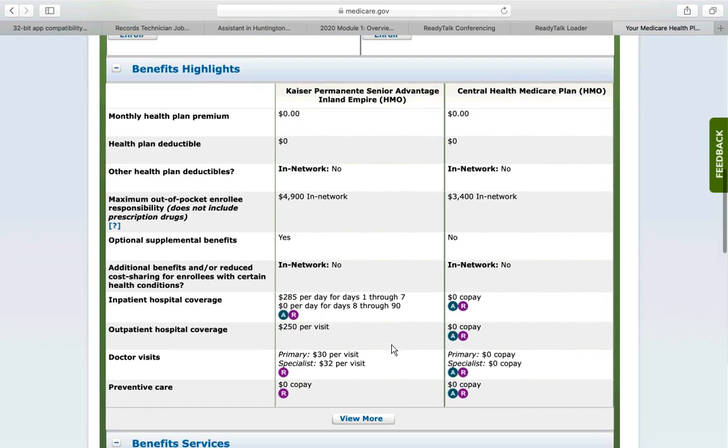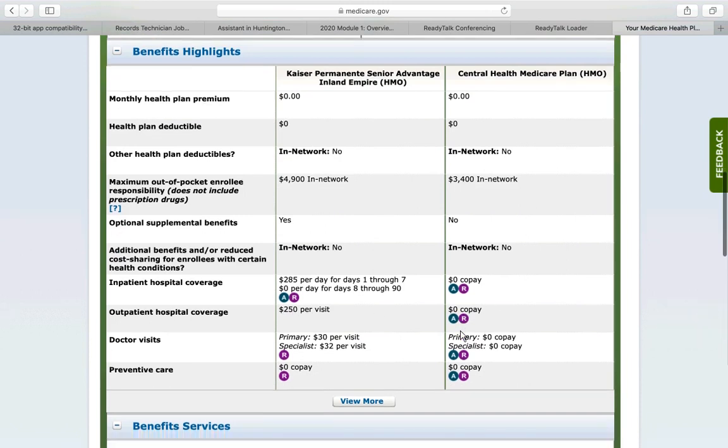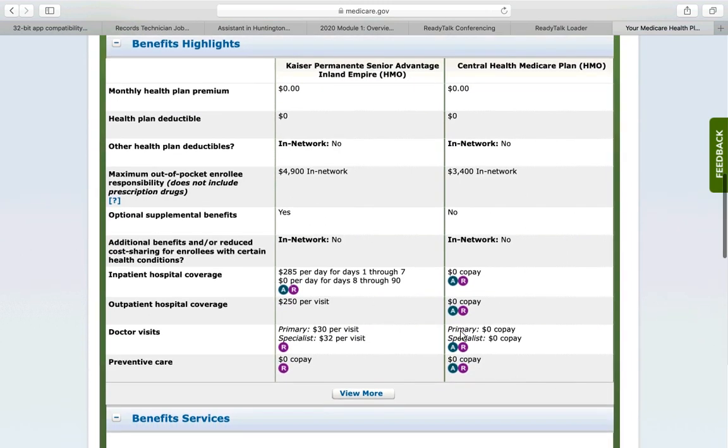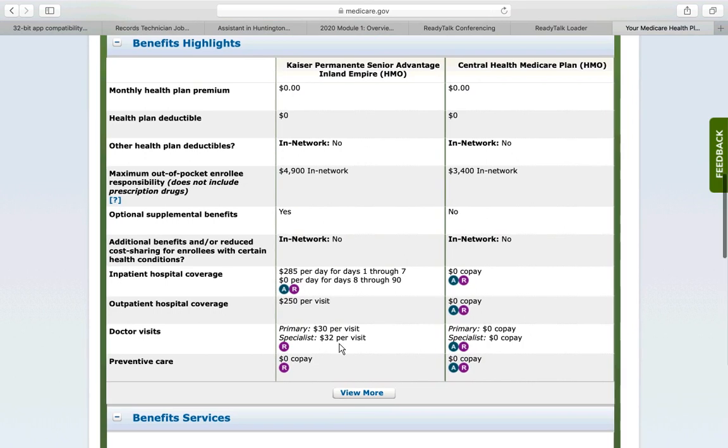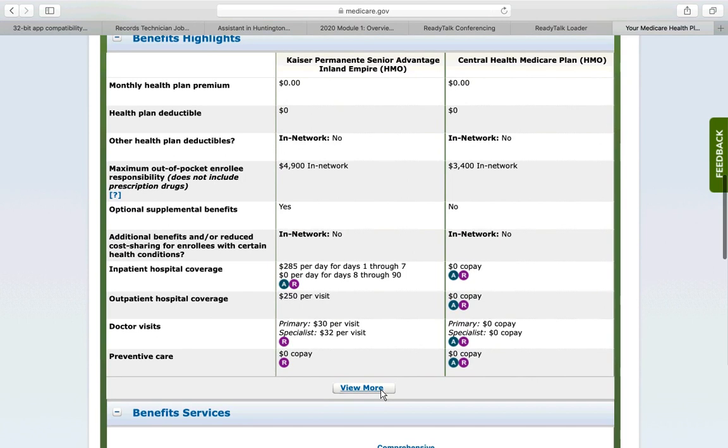Outpatient surgery, Kaiser's going to be $250 per visit. With Central Health Plan, there's no copay. Doctor visits, Kaiser's going to be $30 per primary, $32 for specialist. Central Health Plan, zero copay, primary or specialist. But at this point, they're already going to be like, oh, damn. Why is this Kaiser so much more expensive?